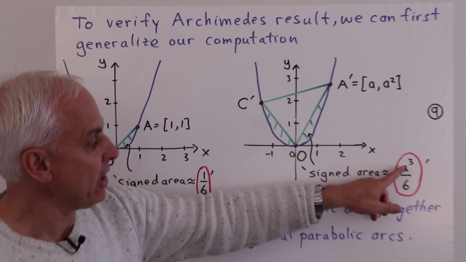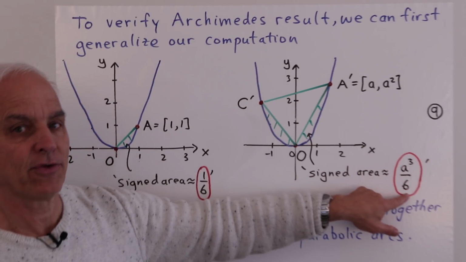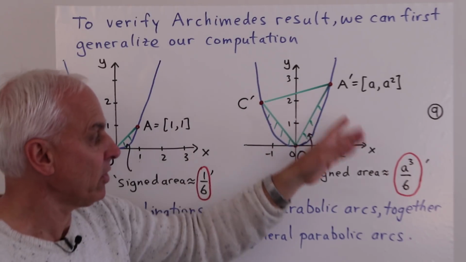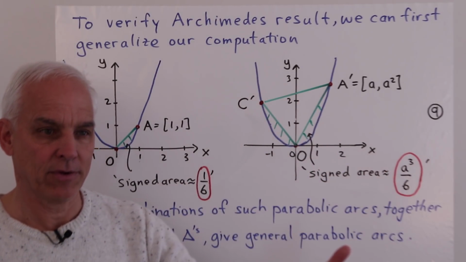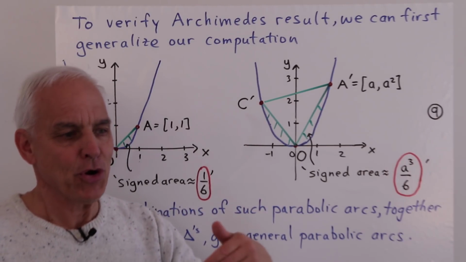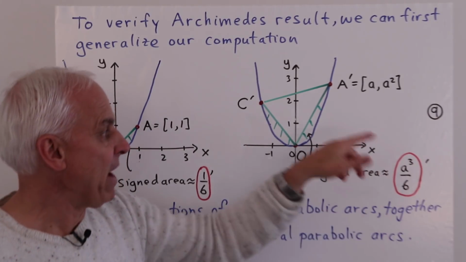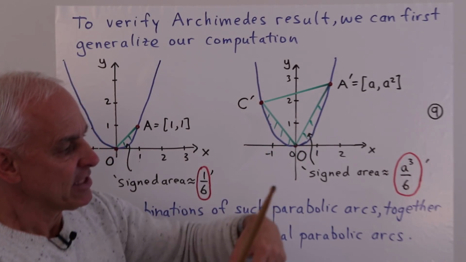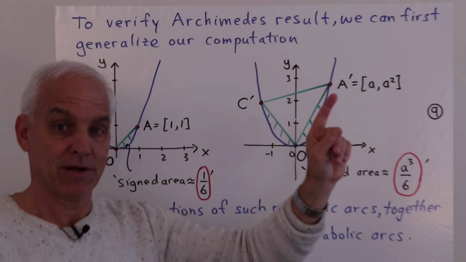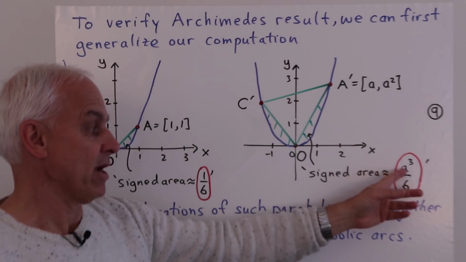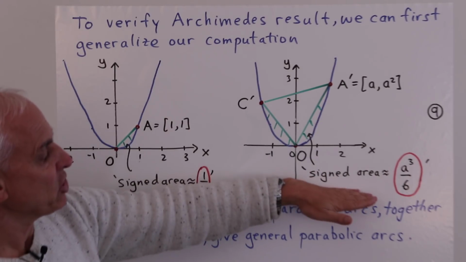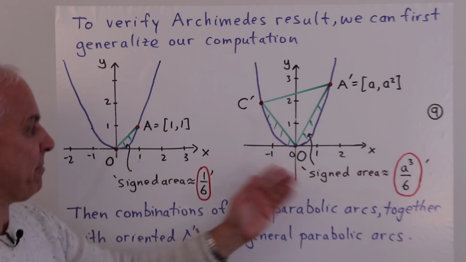And it turns out to be A cubed over 6. So when A is 1, we get the 1/6, but in general, it's A cubed over 6. And that syncs with our earlier computation of the dependence of such a spline area when the n gets big. You remember there was an n cubed kind of thing involved, so we're not surprised that there's an A cubed there.